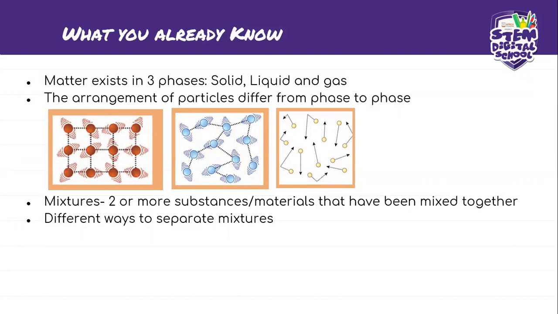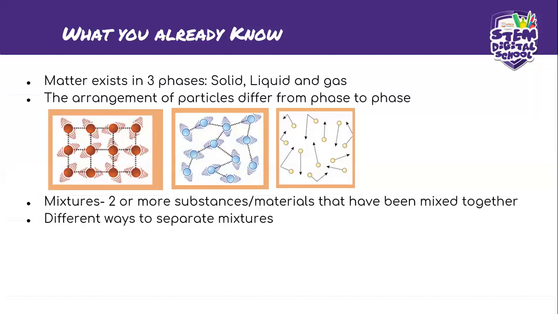Another example is if you have cookies and coloring pencils mixed together in your pencil case, how will you separate your coloring pencils from your cookies? This user mentioned we use our hands. So that's an example of separating mixtures. We can use our hands and sort them out.